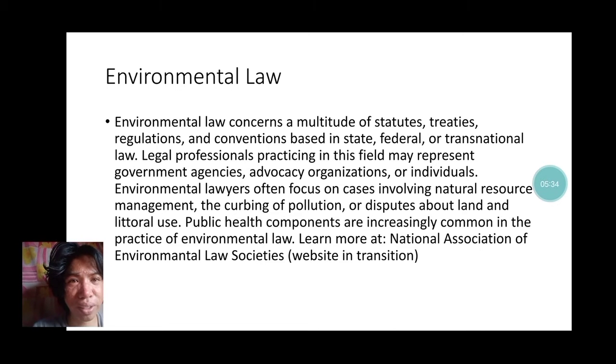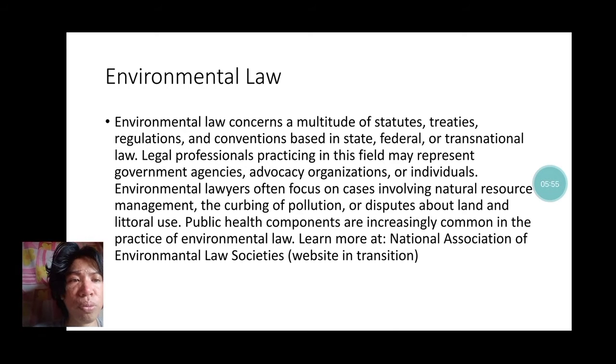Environmental law concerns a multitude of statutes, treaties, regulations, and conventions based in state, federal, or international law. Legal professionals practicing in this field may represent government agencies, advocacy organizations, or individuals.